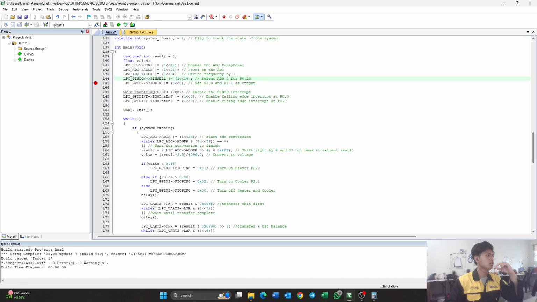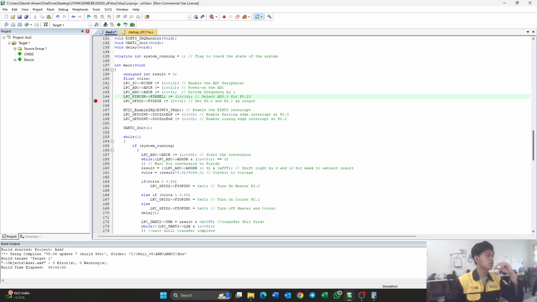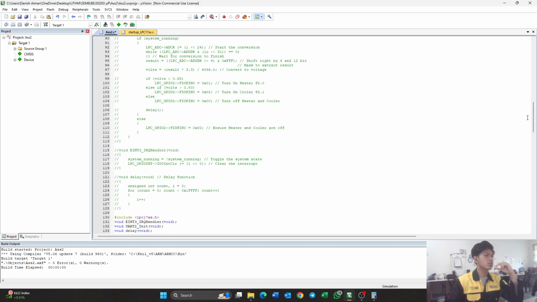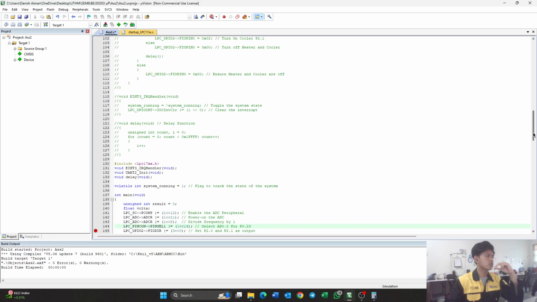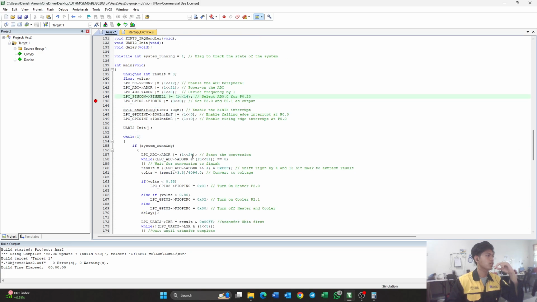The ADC will be the input of our project. The ADC will represent the temperature of water. 1 volt will be 100 degrees Celsius.